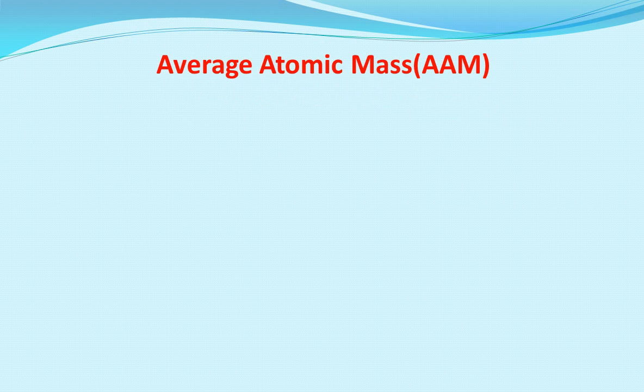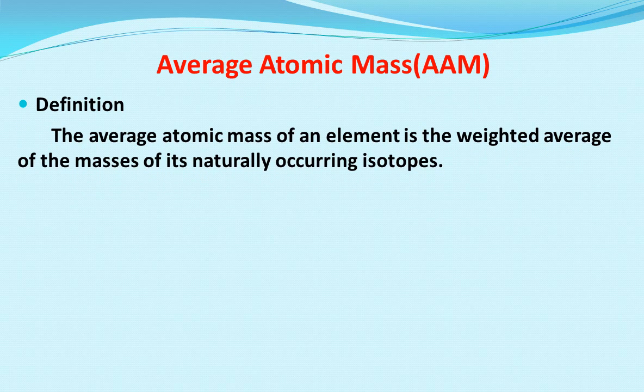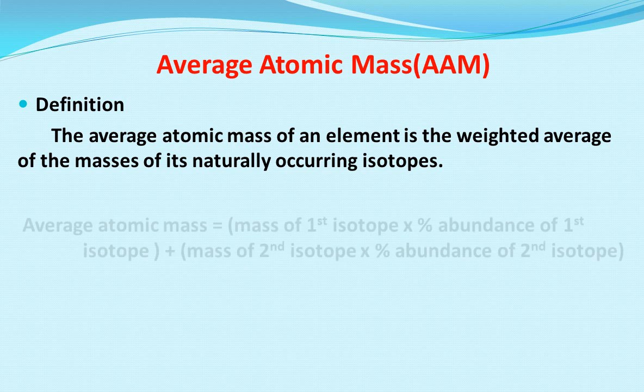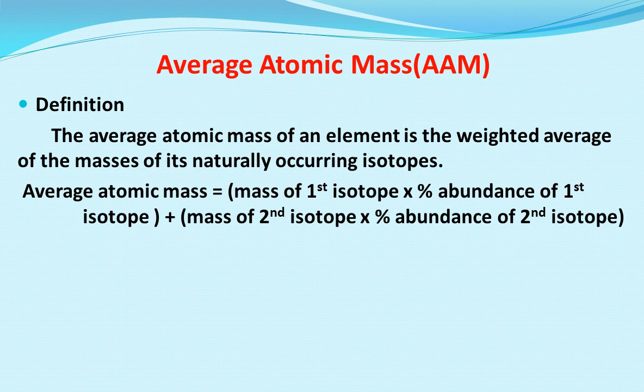Average atomic mass. What is the meaning of average atomic mass? The average atomic mass of an element is the weighted average of the masses of its naturally occurring isotopes. That means the mass of the first isotope into its percentage of abundance, plus the mass of the second isotope into its percentage of abundance, and so on.